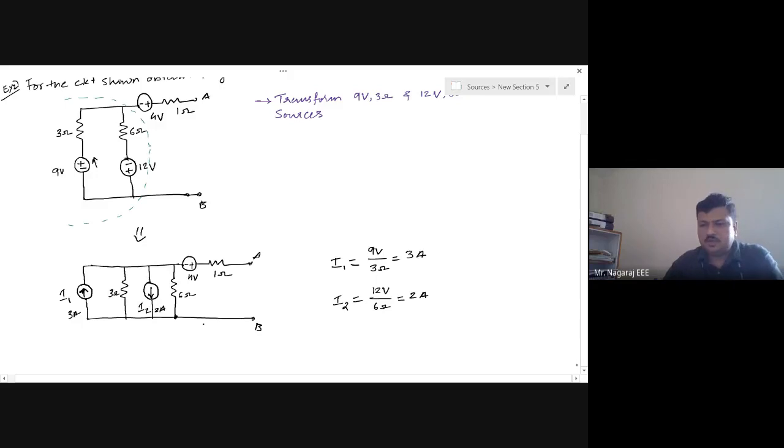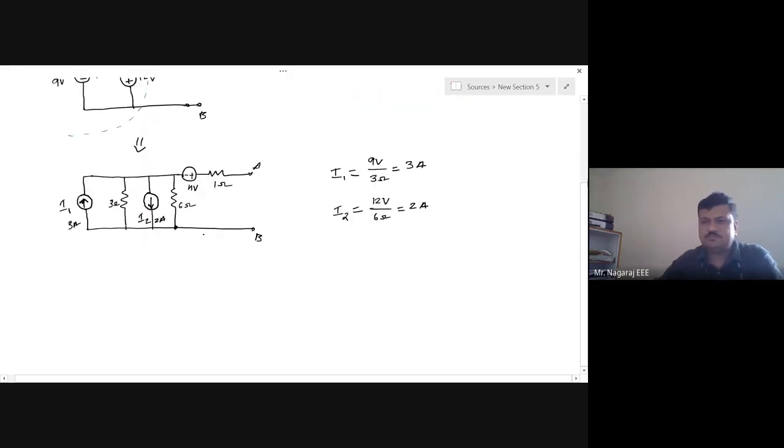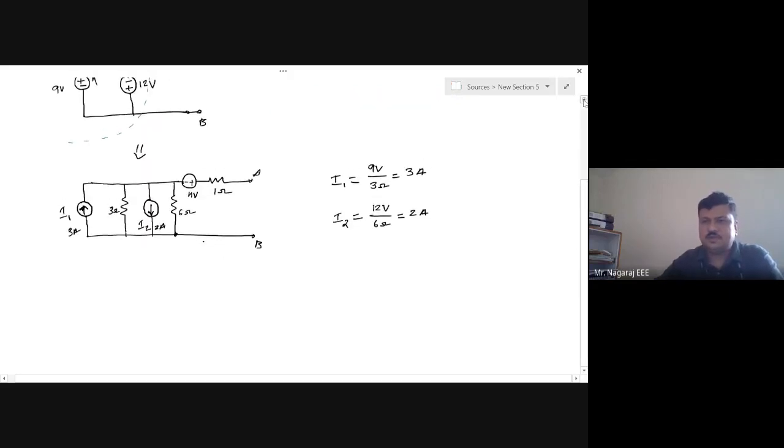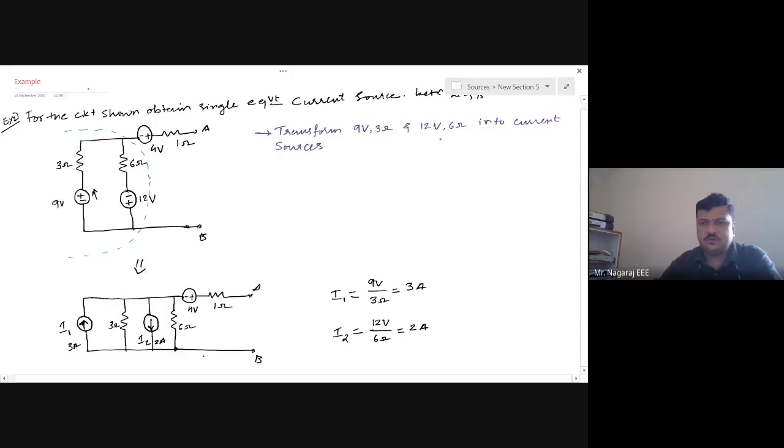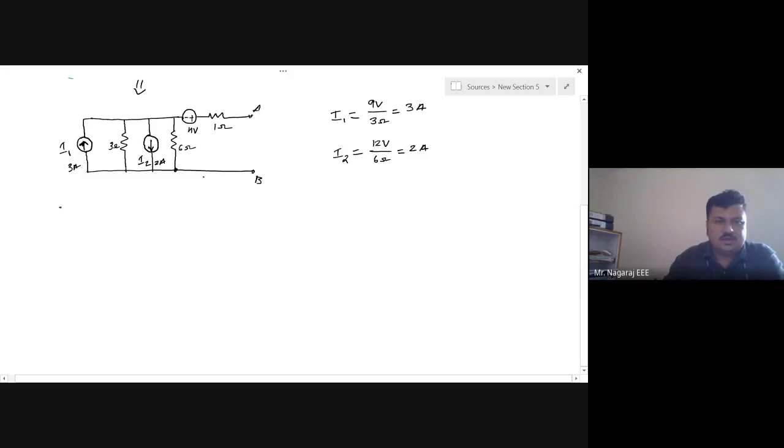Now, I should be taking the effective value. Transform 9 volt 3 ohms and 12 volt 6 ohms into the current sources. This we did already. Now, this is for the first few examples. I will be writing these intermediate statements. For later examples, it is not necessary.